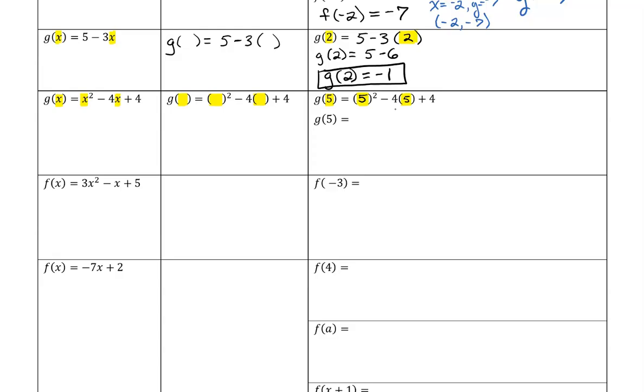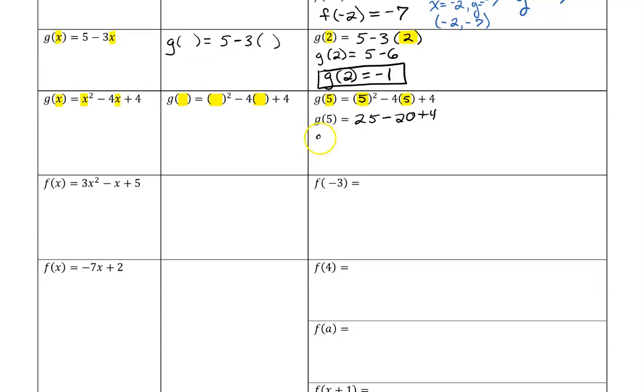And then we get to evaluate. So exponents come first. We're going to do 5 squared, that's 25. If we feel comfortable, we can do the multiplication as well. So we could say 5 times the 4 will be minus 20, since that subtraction there. And then plus the 4 on the outside. Notice that this 4 hasn't changed. There's no x attached to it, so it's just a number being added.